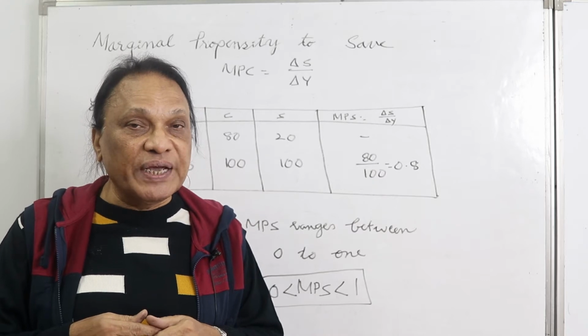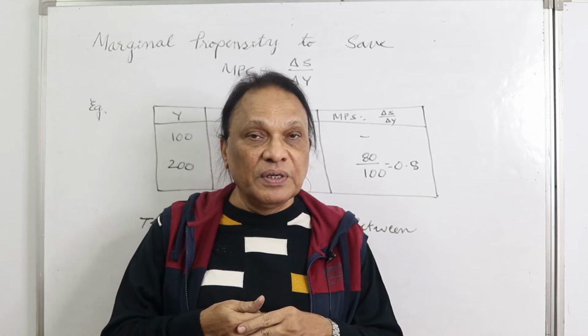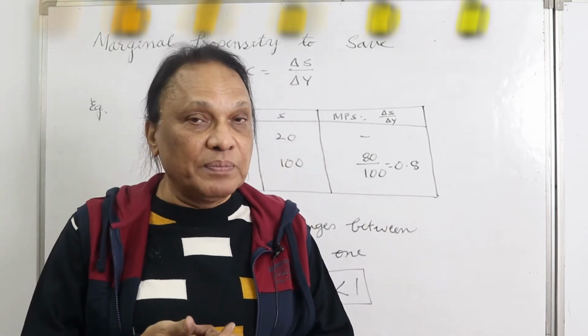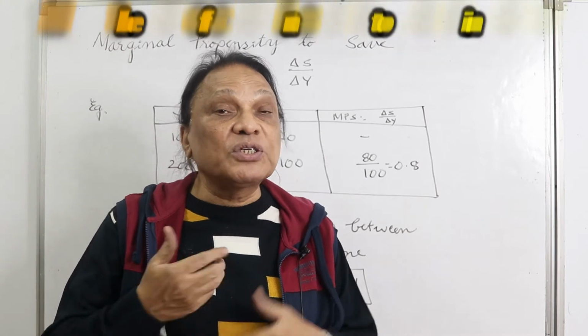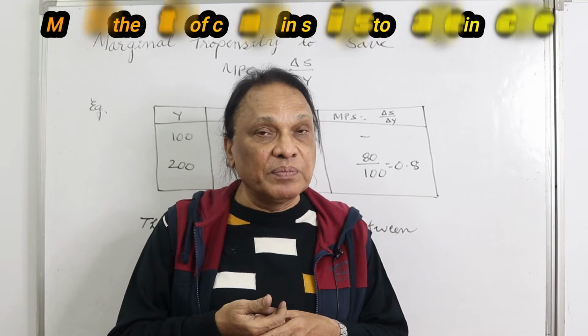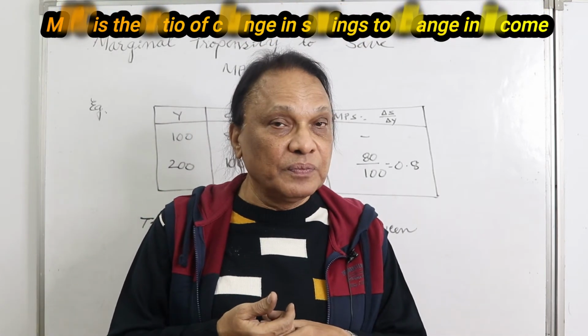Marginal propensity to save is the ratio of change in savings to change in income, that is delta S upon delta Y.